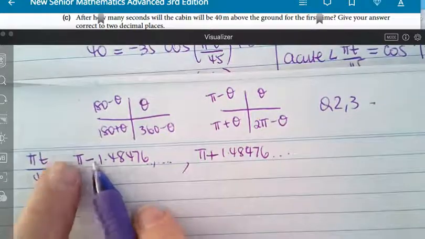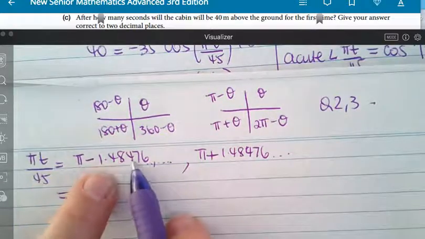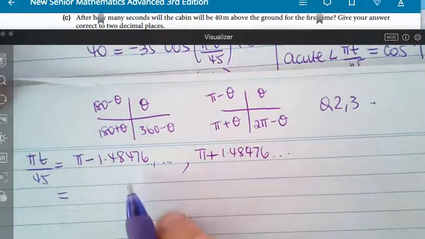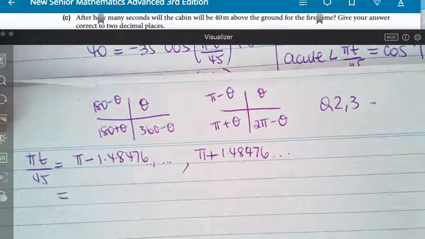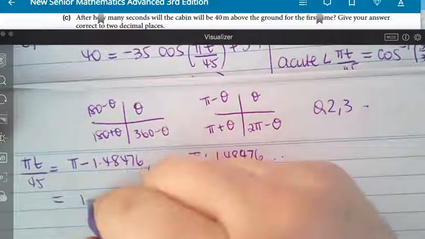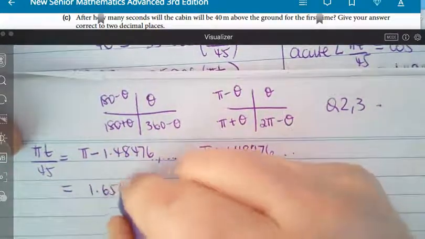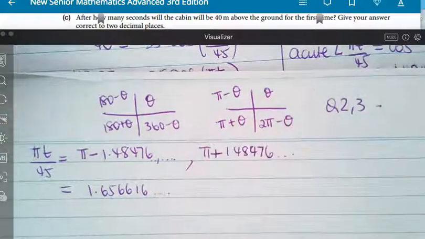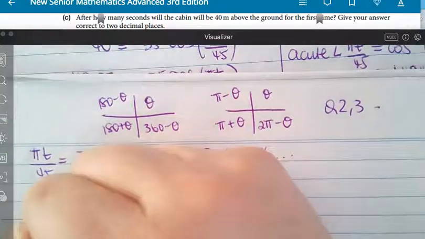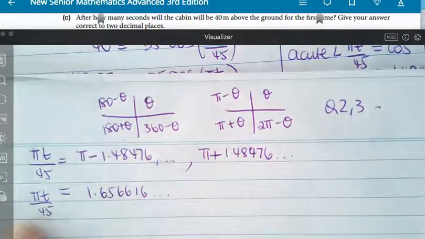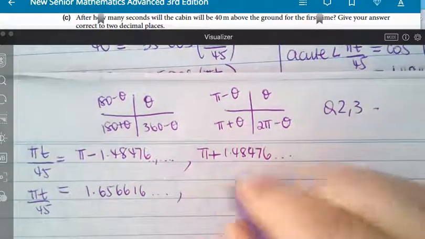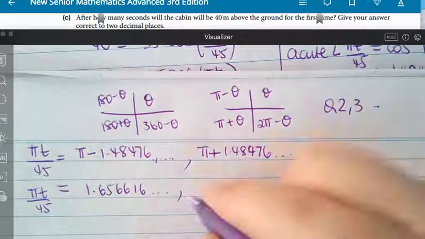This is 3.14 minus 1.48, which is about 1.5 something. Pi is 3.14, remember. I need an answer. 1.656616, etc. That's just pi t on 45, okay? And what's the other one? Pi plus? 4.62616 dot dot dot.